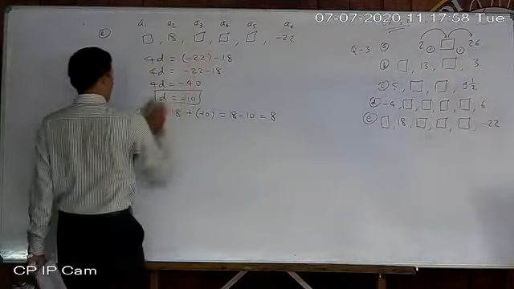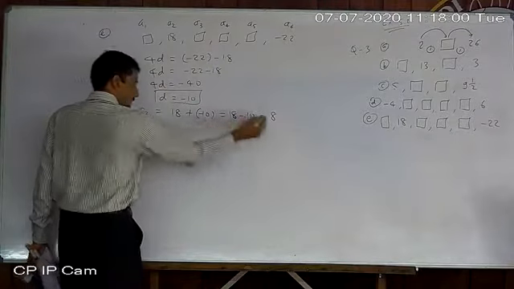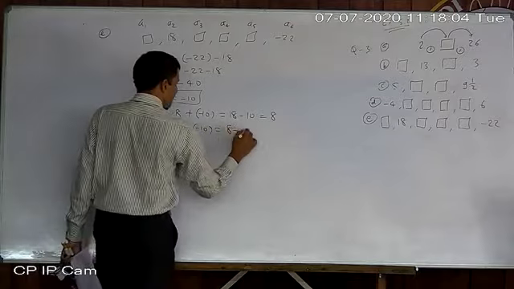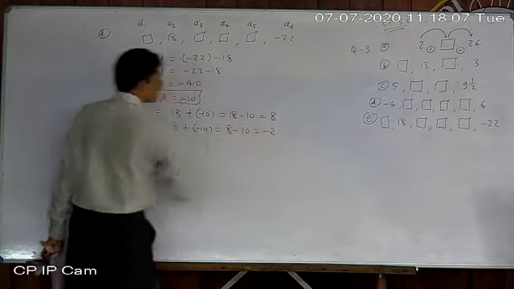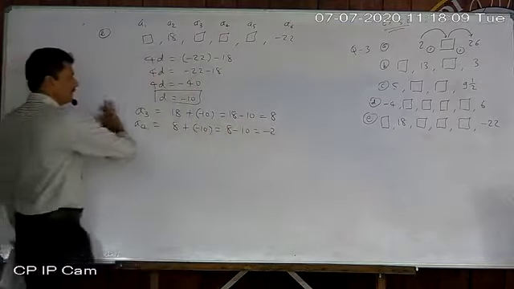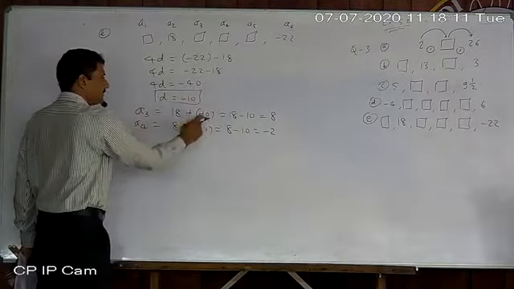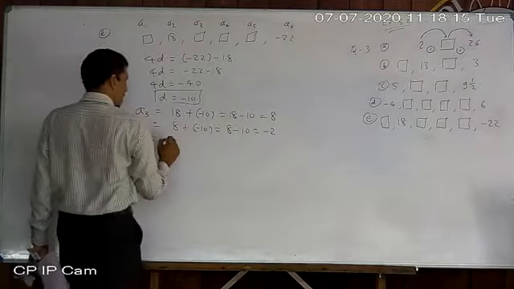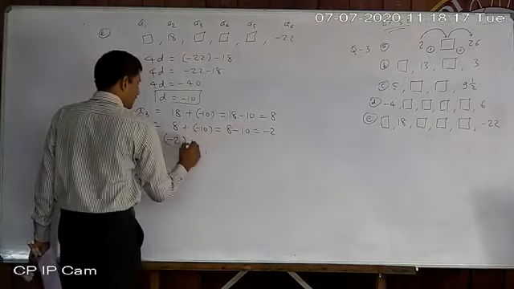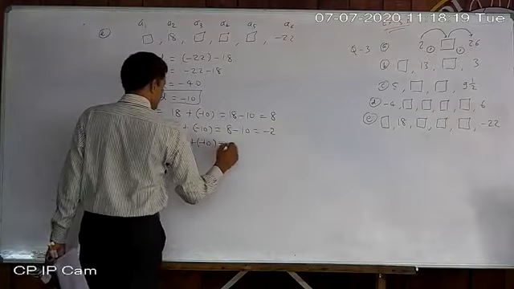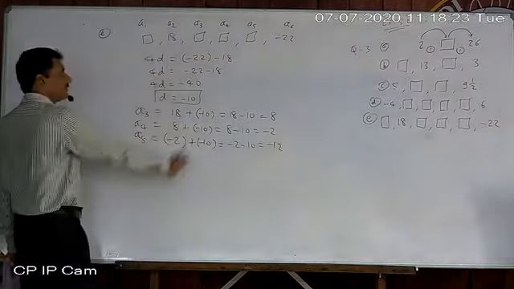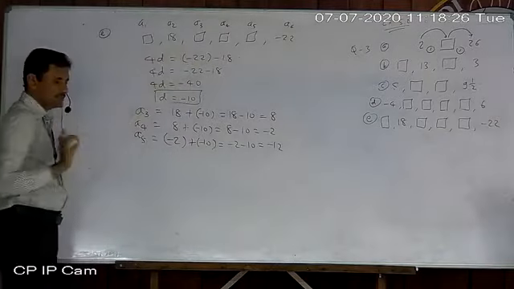Now A4, 8 plus minus 10 means 8 minus 10, minus 2. Okay, when we are going to the right side, just add the difference. A5, minus 2 plus minus 10, so minus 2 minus 10, minus 12. Now if you go further, then automatically minus 22 comes.